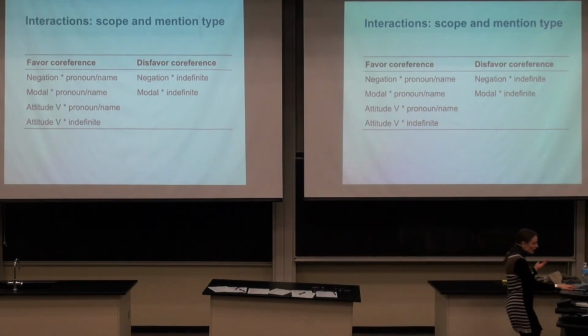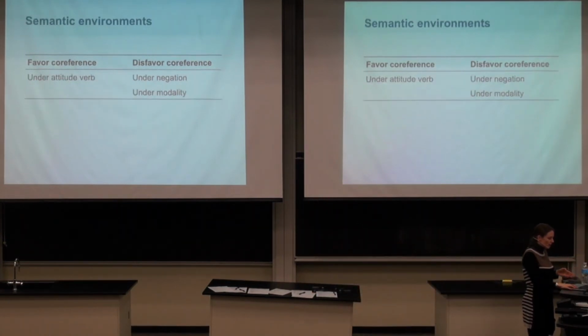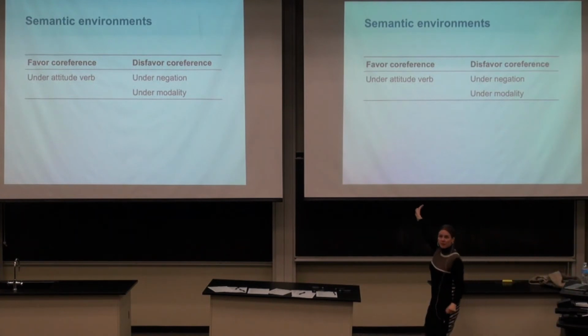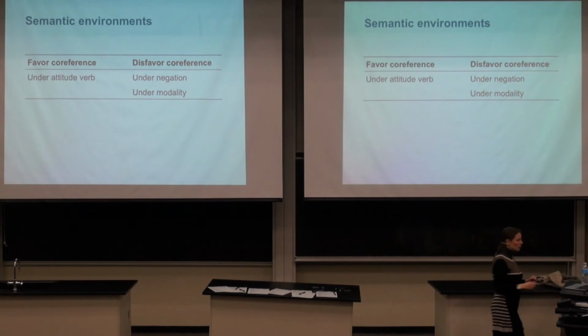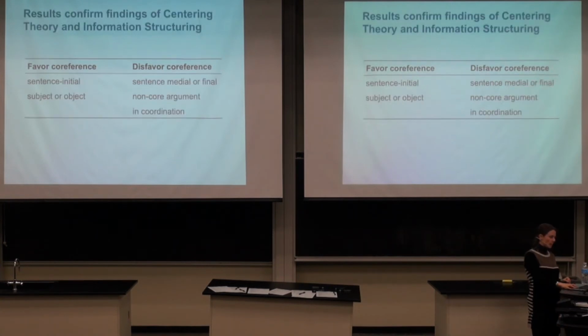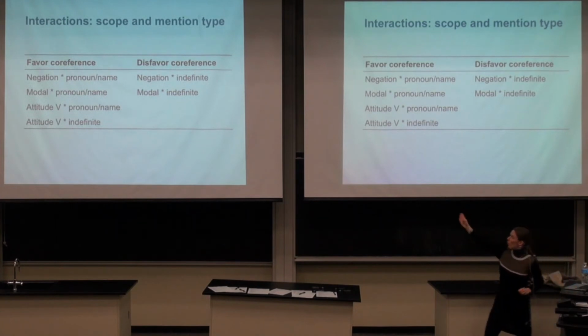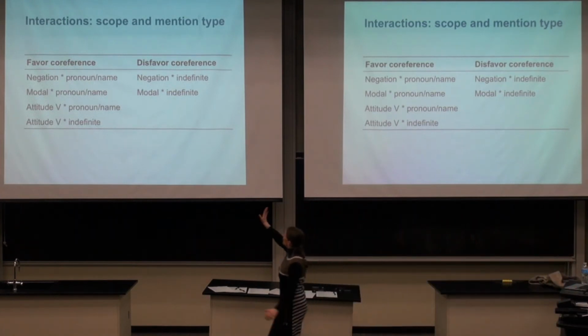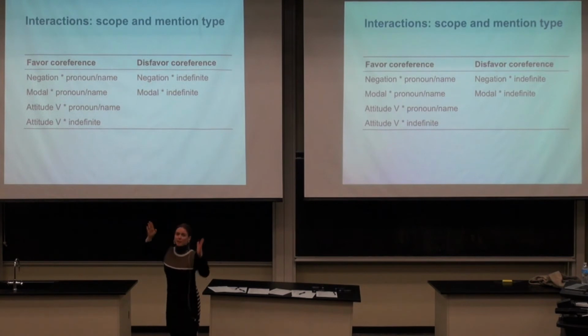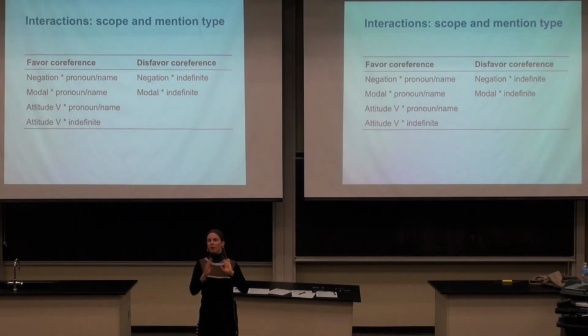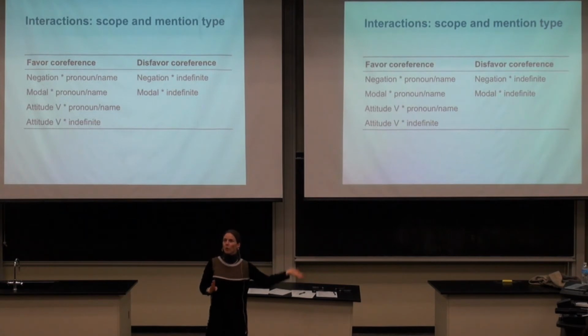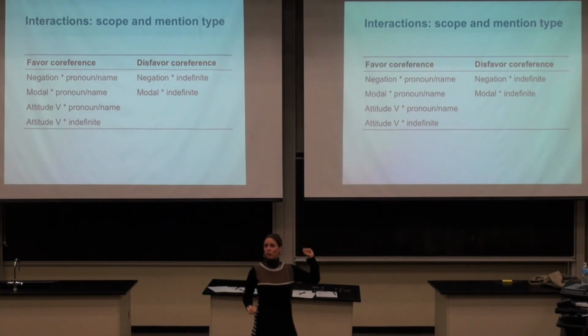So it happens that if you just look at this, it seems that in general it's disfavoring. But if you look at the interaction with the type, it depends. Something that's a pronoun or a name never takes scope, so it doesn't matter the environment; it's always going to let you have the coreference.